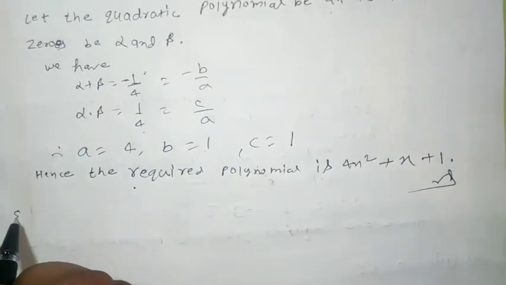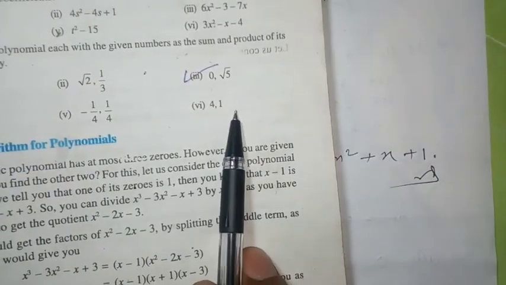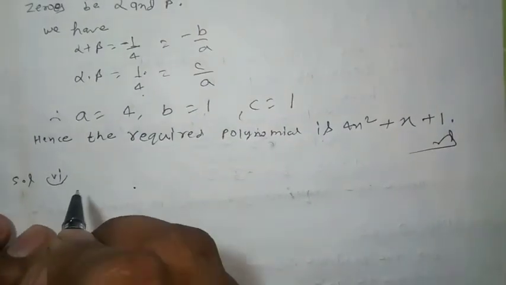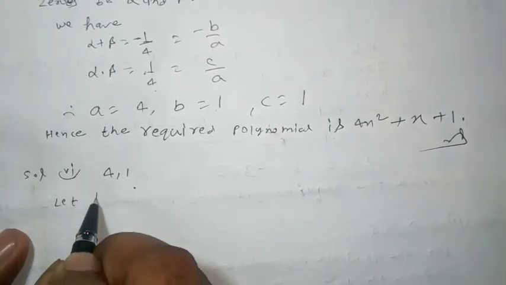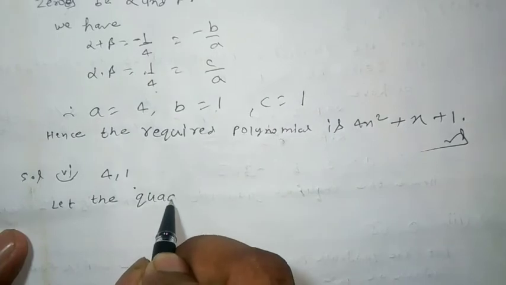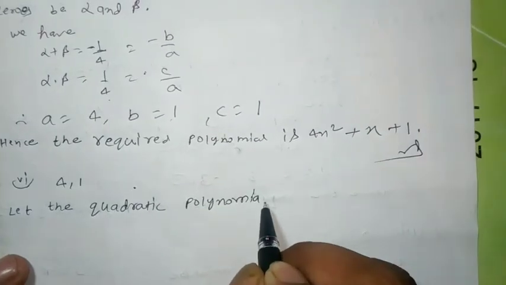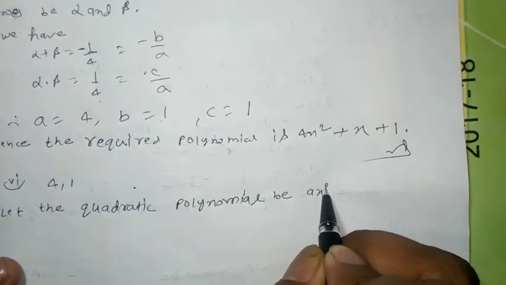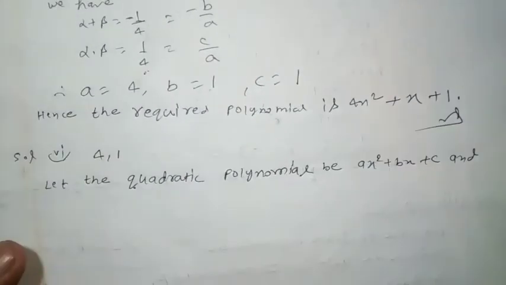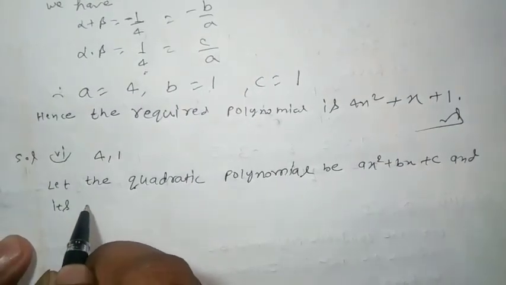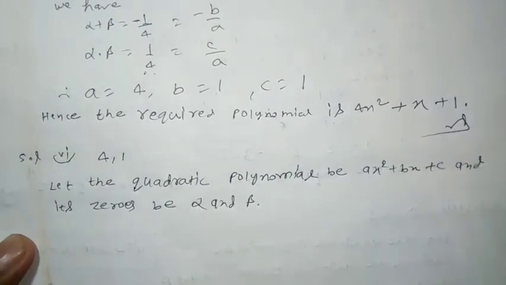Now solution 6. The zeros are 4 and 1. Okay, let the quadratic polynomial be ax square plus bx plus c and its zeros be alpha and beta.